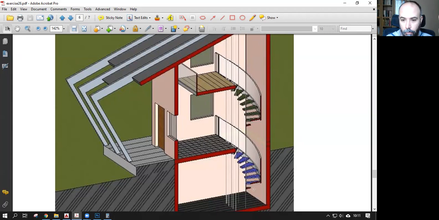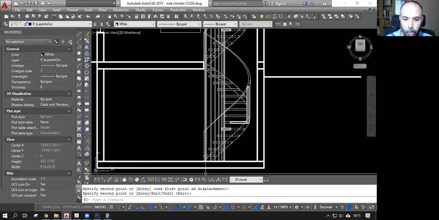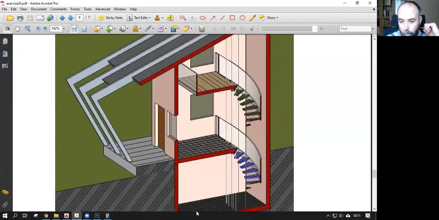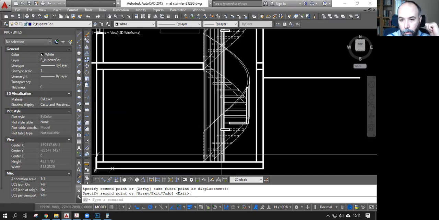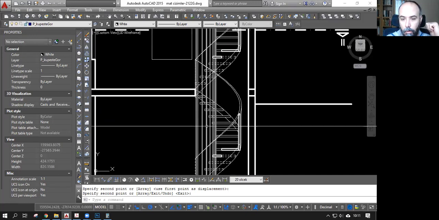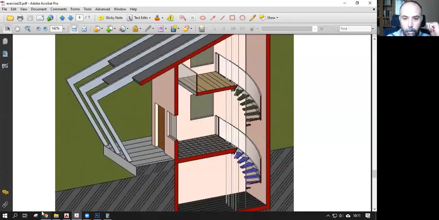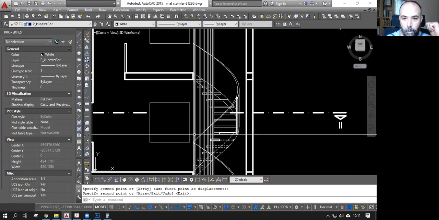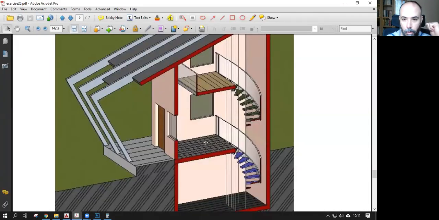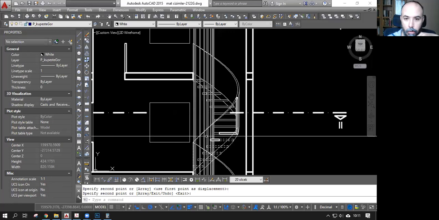The cut surface of these two steps and the handrail we can see, and the things that are at our back are being represented in dashed colors. We can see the strings in the middle part, and we will be able to look at the exact same stairs between the ground floor and the first floor, this time in green color.